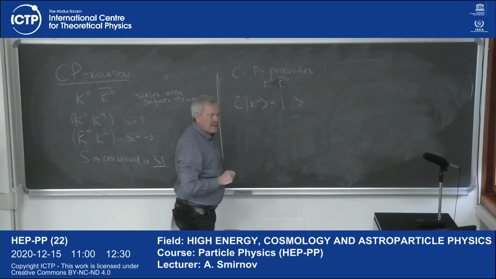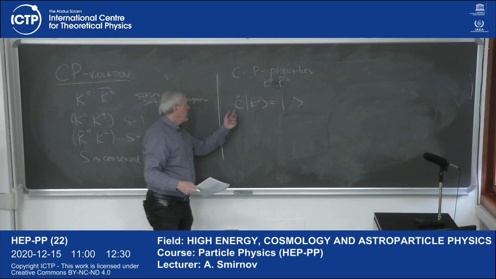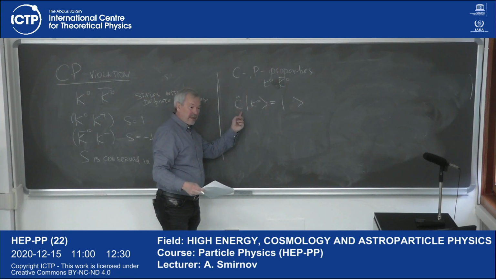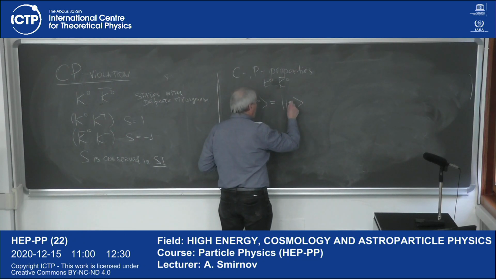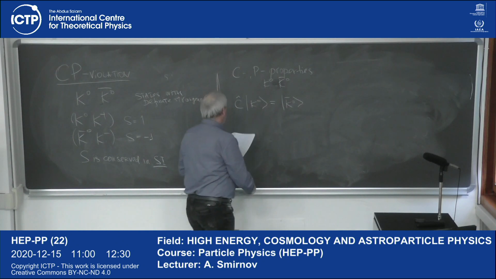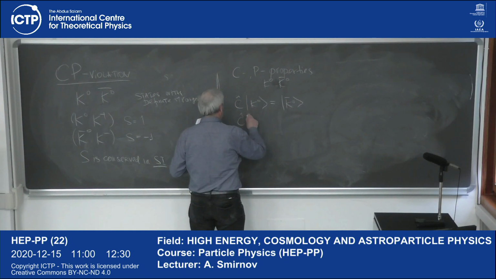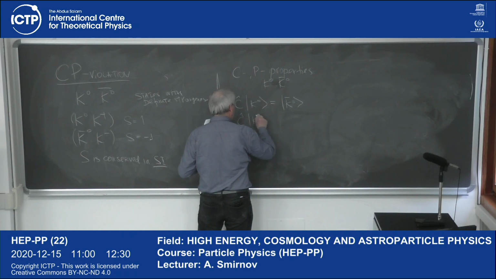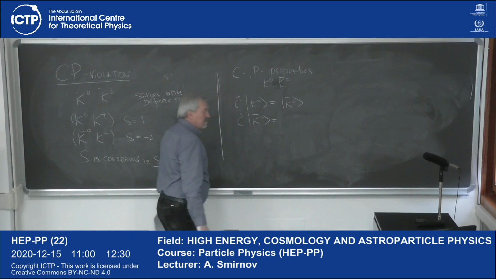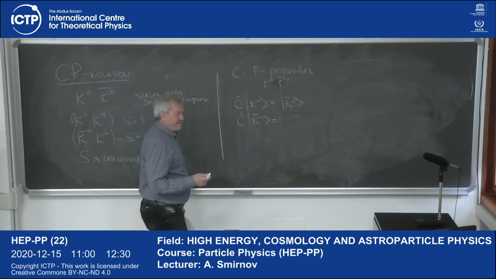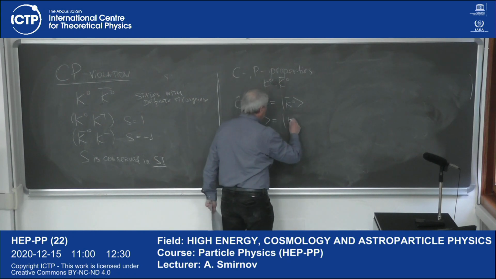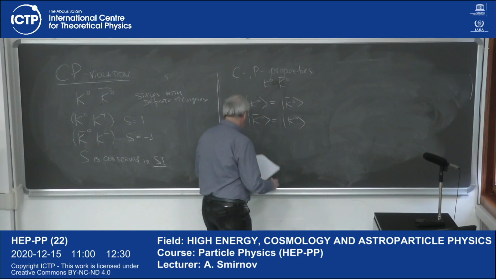What is the state which appears when I act by the C operator onto K0? K0 bar. Right, so it's K0 bar. Now, if you act by C onto K0 bar, what will you get? K0. Right. Boring, right? So that's trivial.